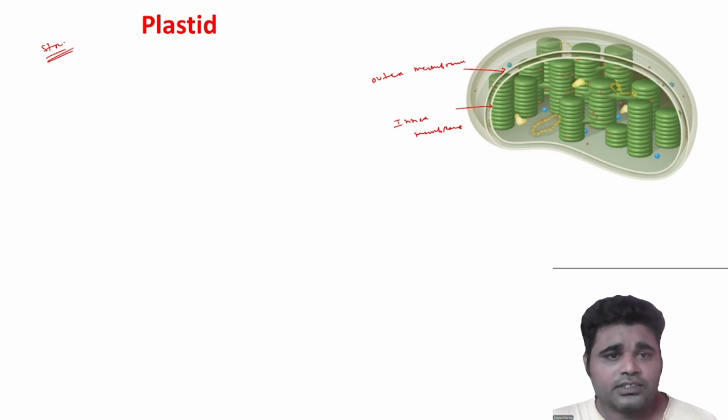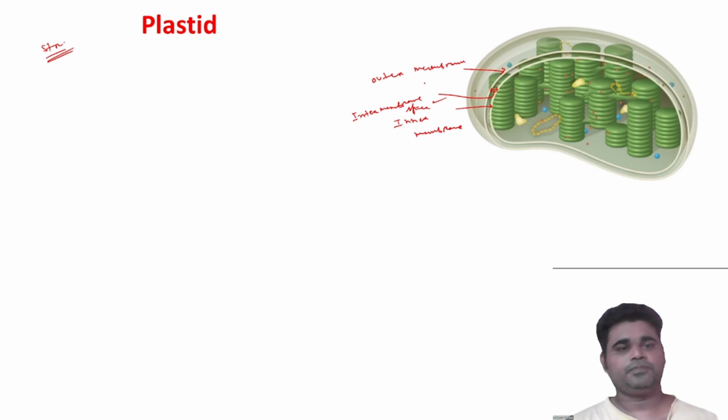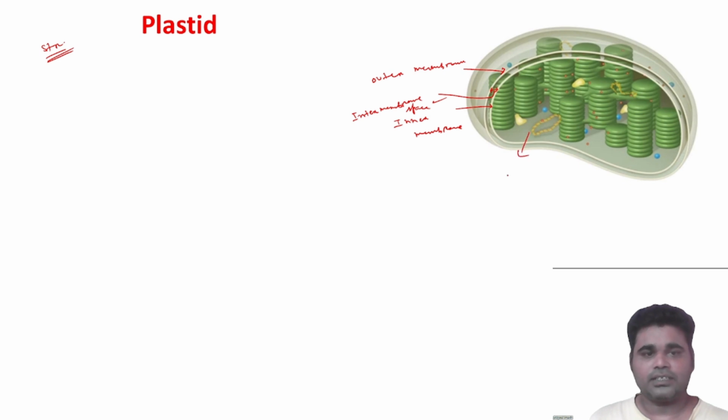Now look at the structure. This is a space. The space between the outer and the inner membrane is called the intermembrane space. Okay. Now come to this structure. This inside is called the matrix.